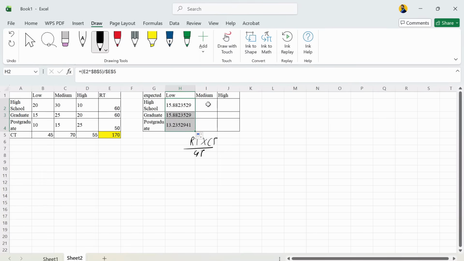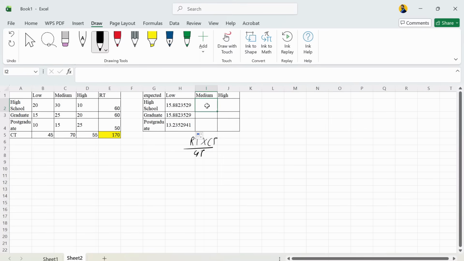Similarly, we will do it for the second column. Now in the second column, we know the column total will remain the same for this one too, right? The only changing variable was the row total. For this value, the row total will be this; for this value, the row total will be this; for this value, the row total will be this. But the column total remains the same for all of them.